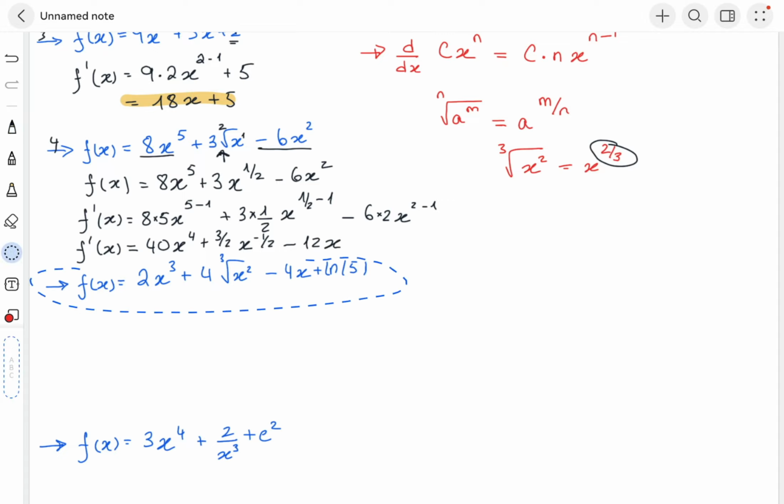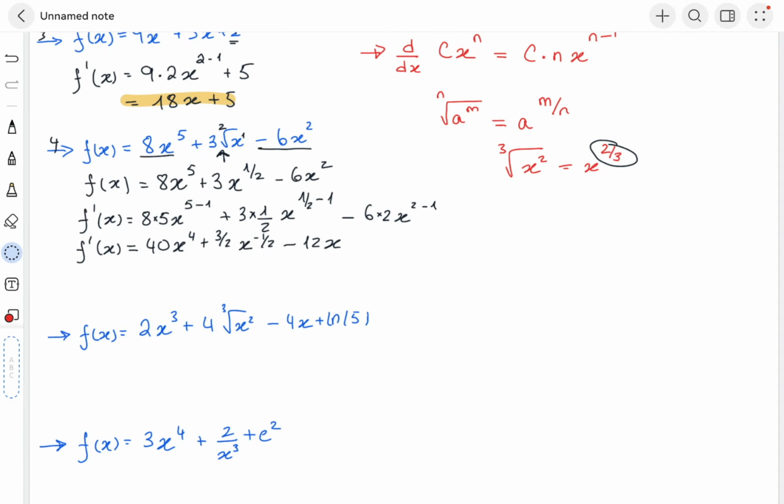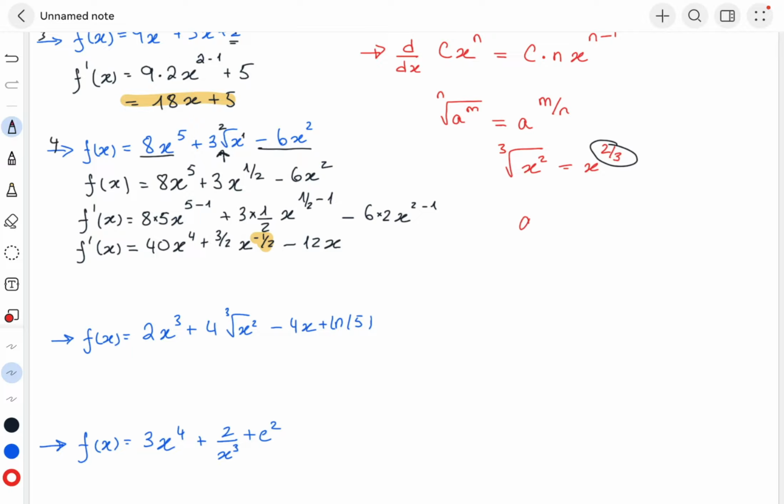Now we can fix our function a bit more, where we can take the negative power and move it into the denominator. By the rule of a to the negative m becoming 1 over a to the m. So it will become 40x to the 4 plus 3 over 2 x to the half minus 12x.